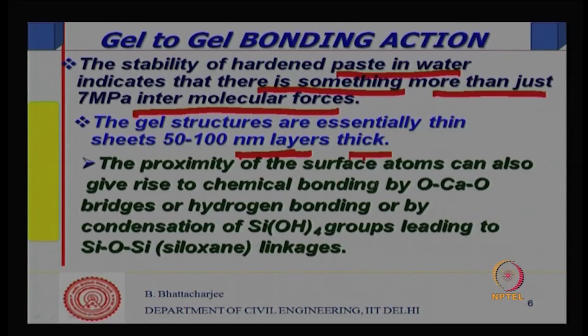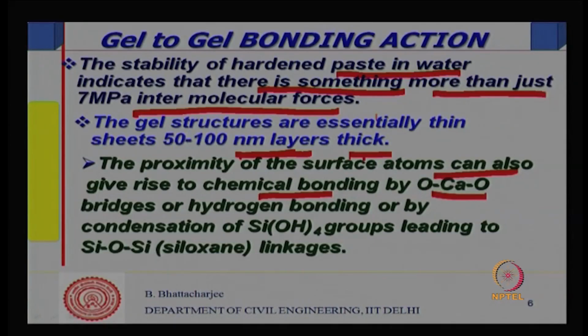Now, proximity of the surface atoms can also give rise to chemical bonding of calcium oxide to oxygen. So, the surface atoms can form bonds between gel layers, because that is the explanation that van der Waals forces cannot be the only thing, since it is stable in water, which means there is something more.